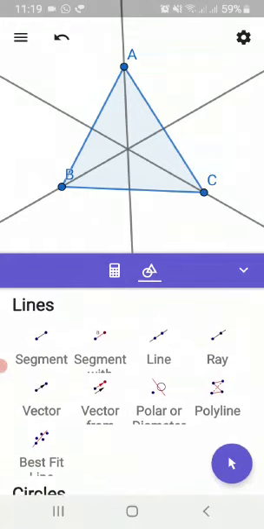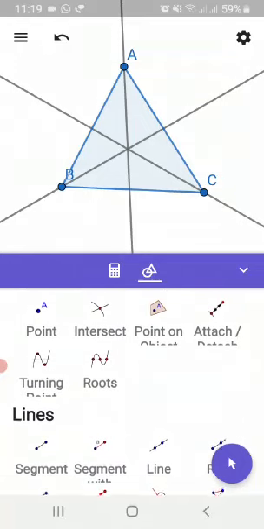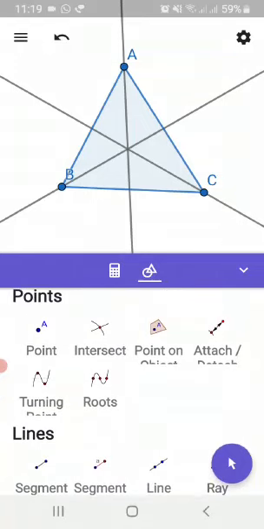I hope you have watched the previous video in which I shared an interactive mathematics activity on GeoGebra, where we explored the location of centroid in different types of triangles.